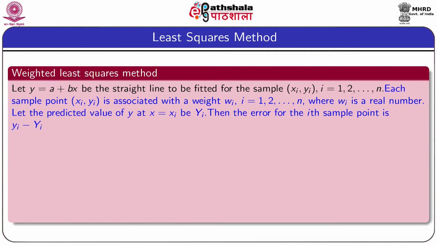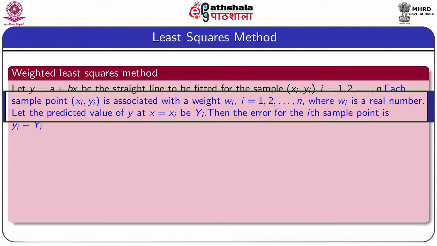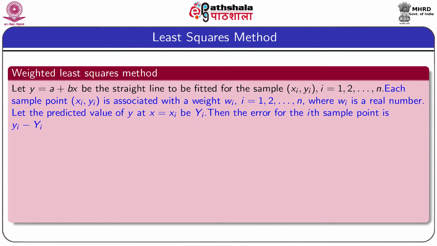To explain the weighted least square method, let y equal to a plus bx be the straight line to be fitted for the sample xi, yi where i equal to 1 to n. Suppose that each sample point xi, yi is associated with a weight wi where i equal to 1 to n. In general, we take wi to be a real number.